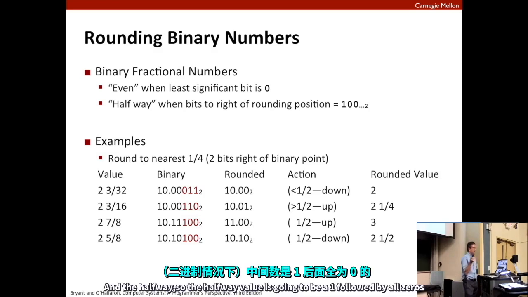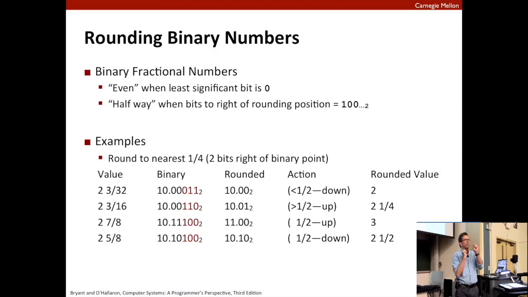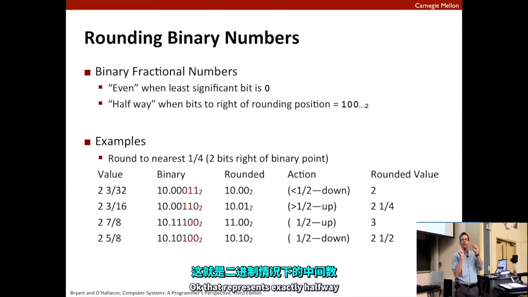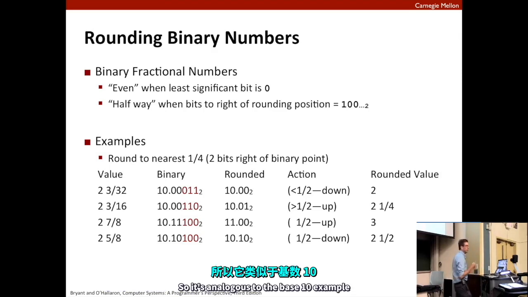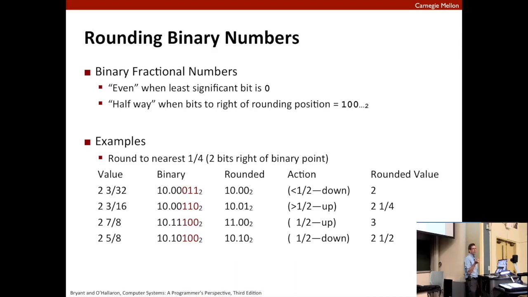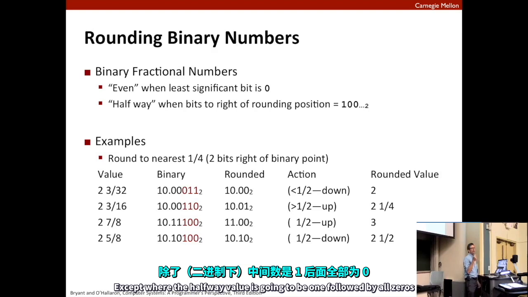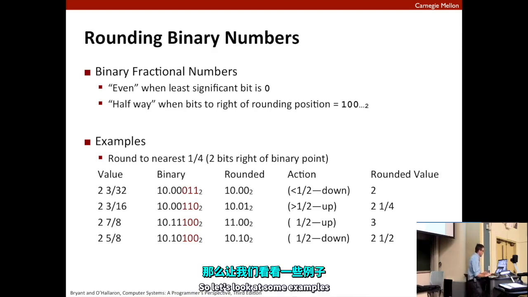The halfway value is going to be a 1 followed by all zeros. That represents exactly halfway. So it's analogous to the base 10 example, except the halfway value is 1 followed by all zeros. So let's look at some examples.